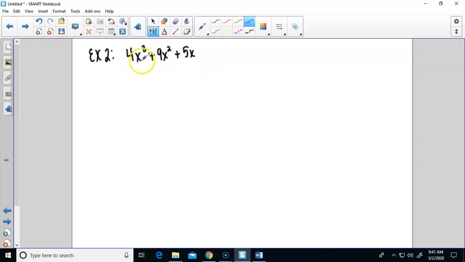So how many x's could we take out? What's our lowest exponent on our x? It's a 1 right here, right? So we're just going to take out a single x, and that is going to leave us on the inside with 4x squared plus 9x plus 5.